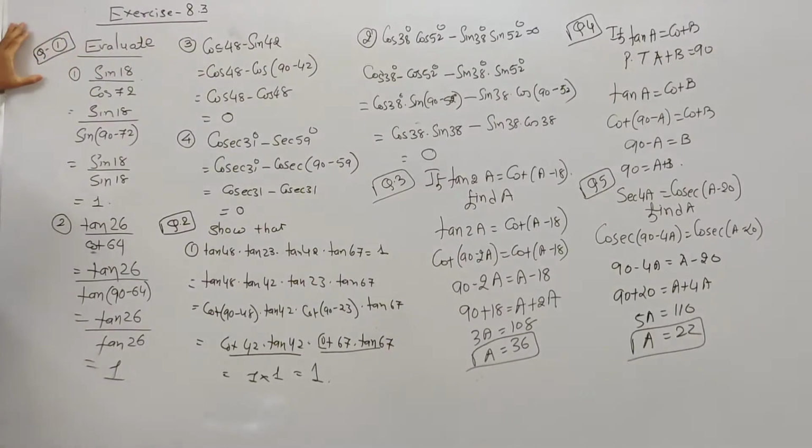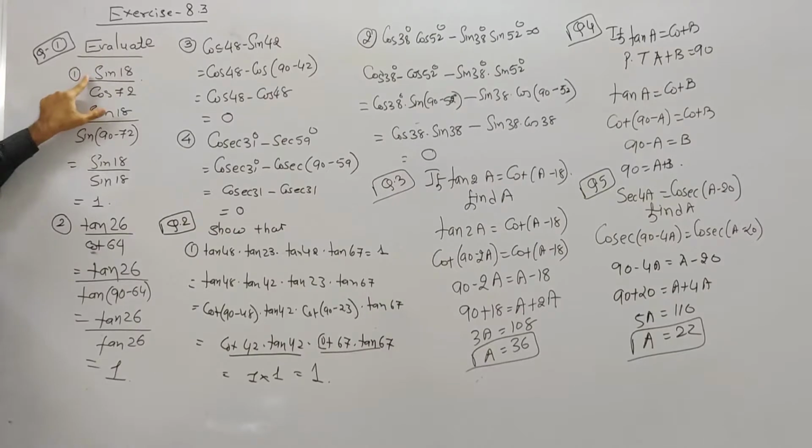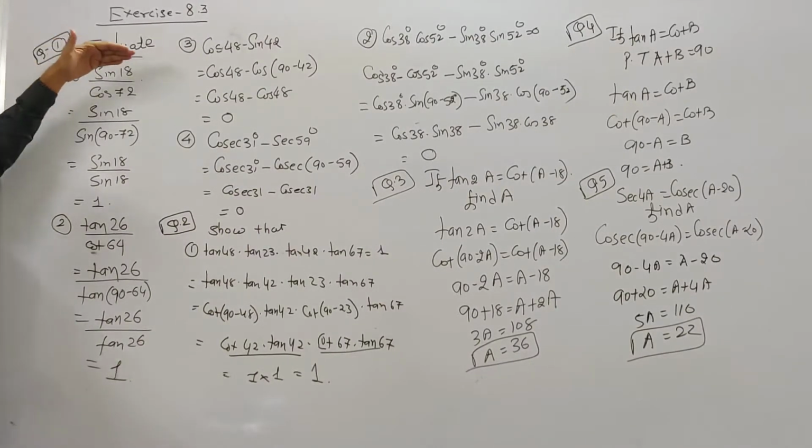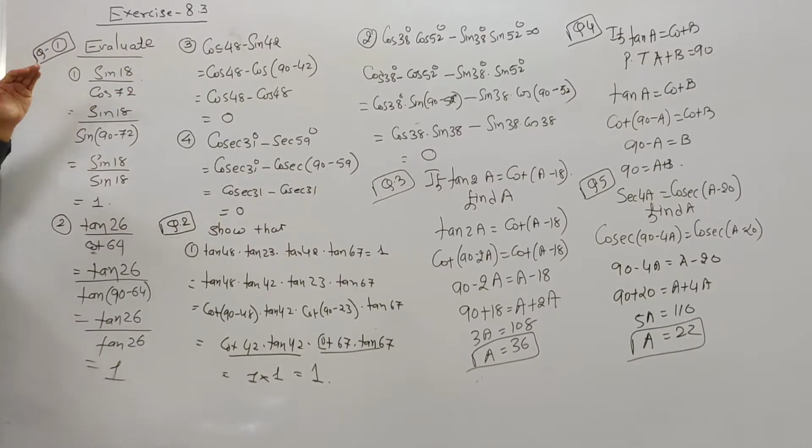Let me solve example number 1. Evaluate sin 18 upon cos 72. So either you can convert the numerator or denominator. You can convert sin into cos or you can convert cos into sin. So let me take sin 18 as it is and convert cos 72 into sin.